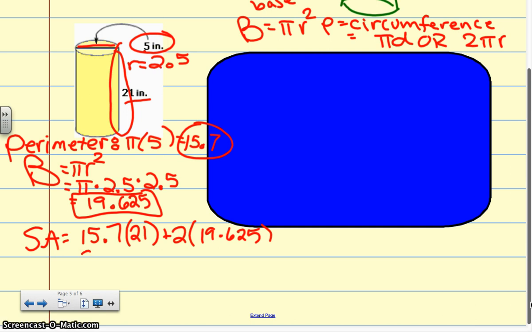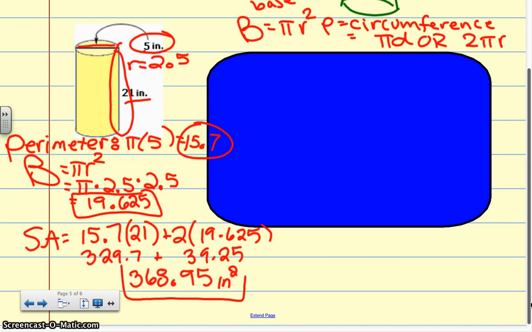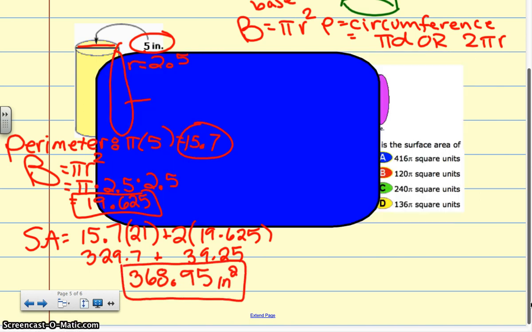I get 329.7 plus 19.625 times 2 is 39.25. Add it to 329.7 and I get 368.95 inches squared is the surface area of that cylinder.